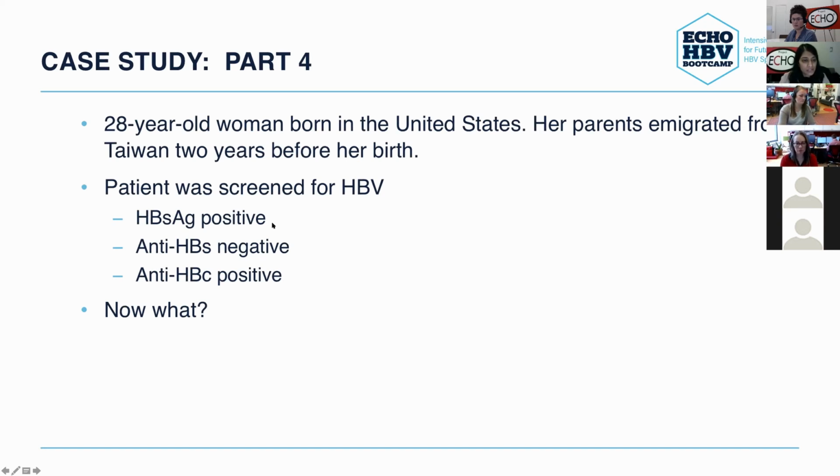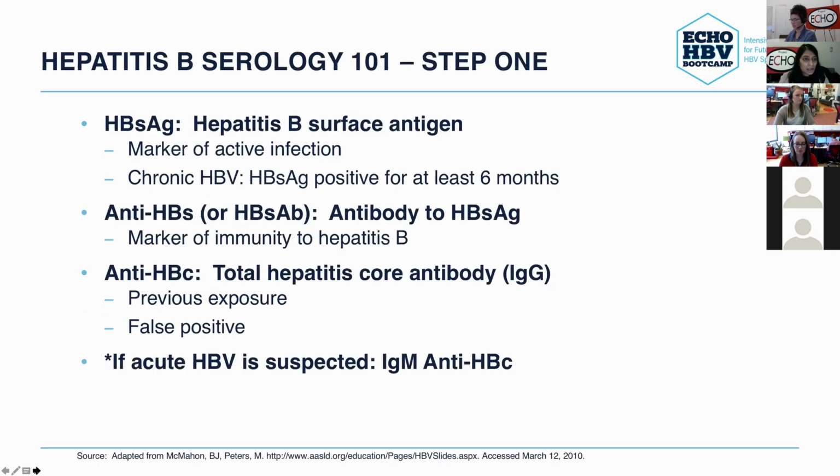And you find that her surface antigen and core antibody are both positive, so you diagnose her with hepatitis B infection. So the question is, now what? I think we're going to come back to this case a little bit later, to reinforce what we're going to discuss here.